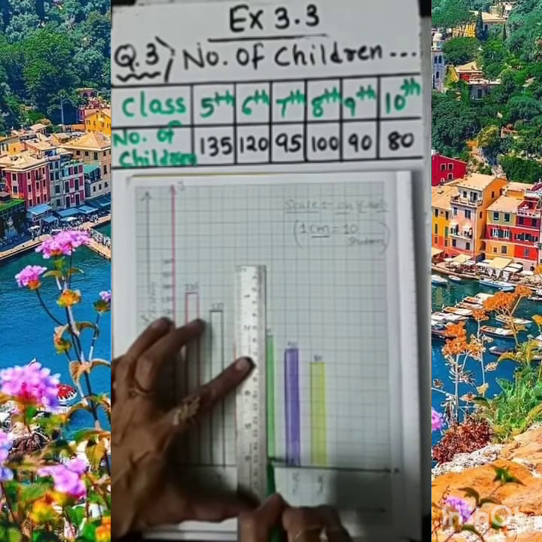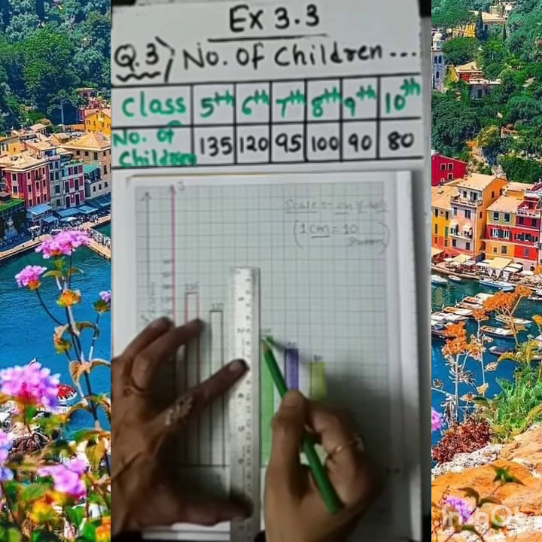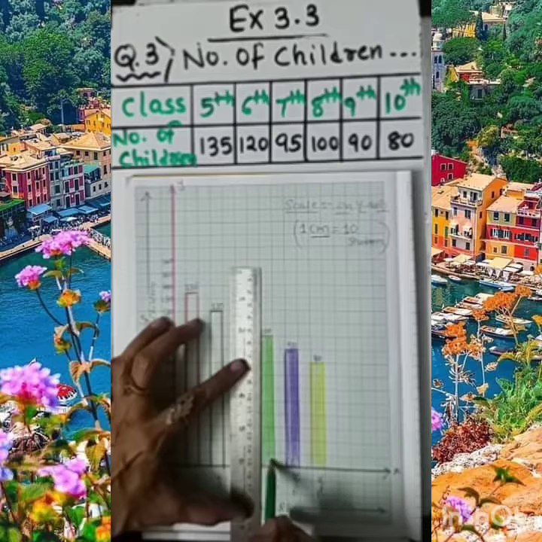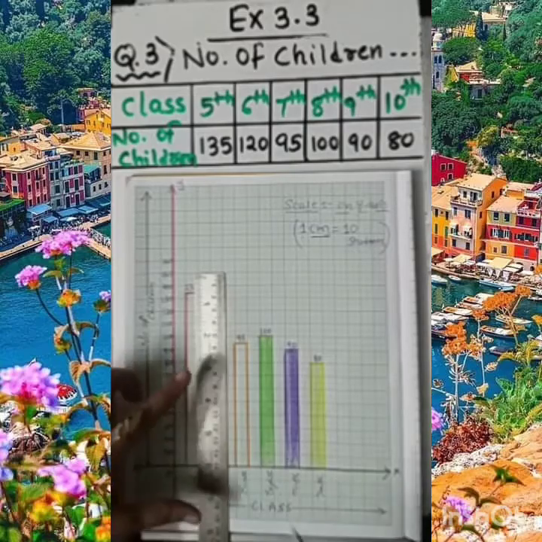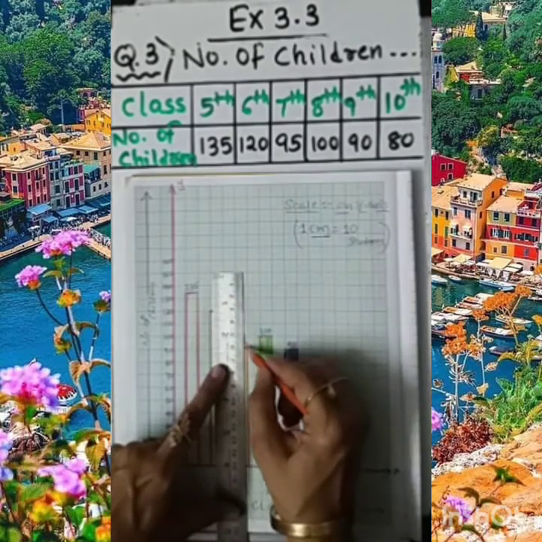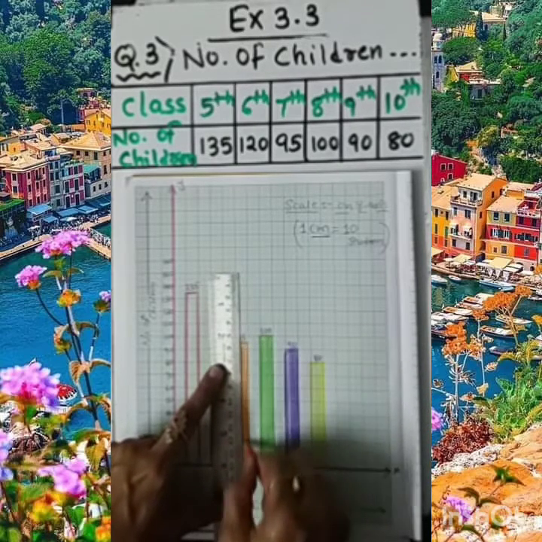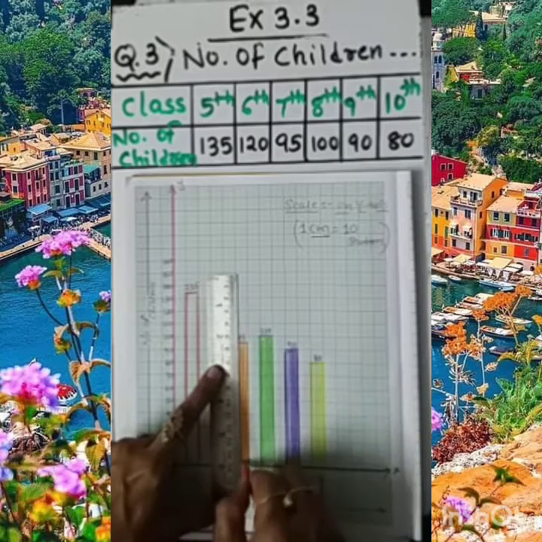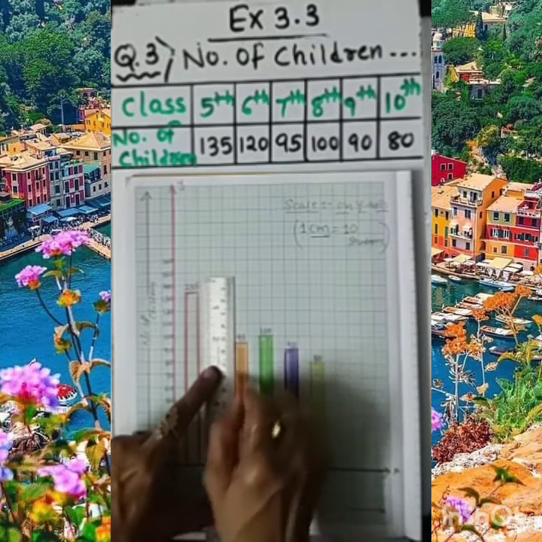And dear student, as you have seen, it's compulsory to mention what we are taking on the x-axis. So here, as I have mentioned, this is class, correct? Then it is compulsory to mention on the y-axis what we are choosing. For this question, I have taken number of children on the y-axis.